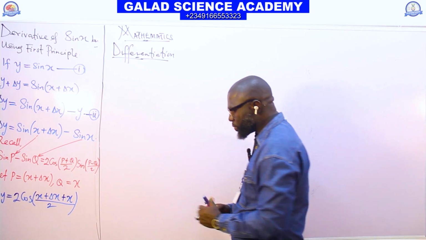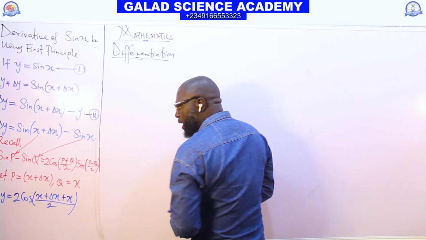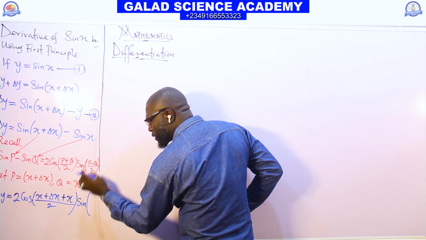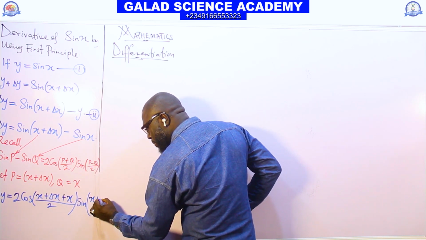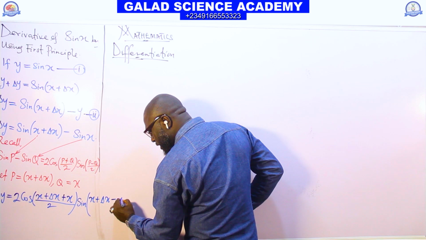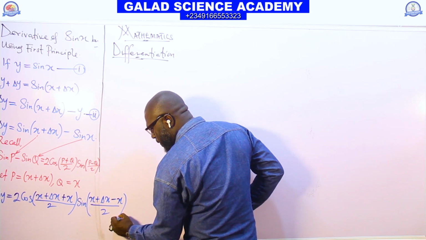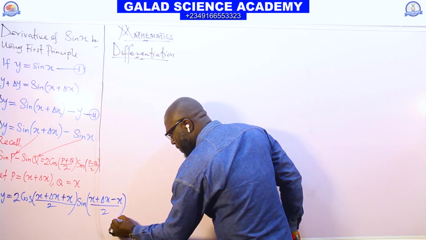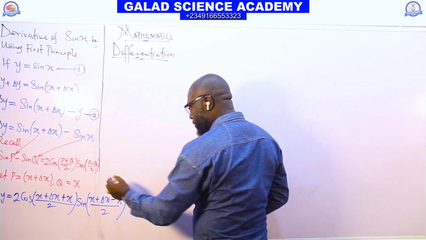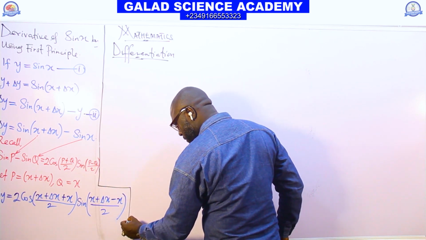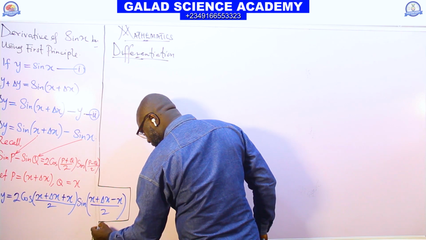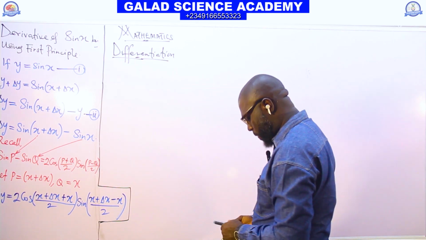Good. Then we are left with sine of p minus q, what is p? x plus change in x. What is q? q is x. Everything over 2.